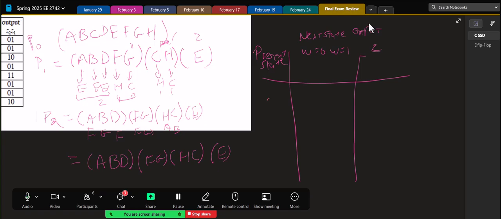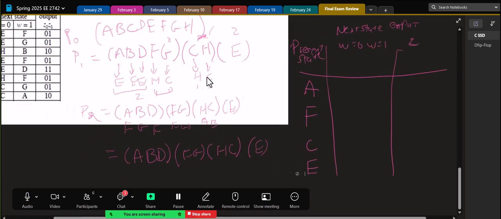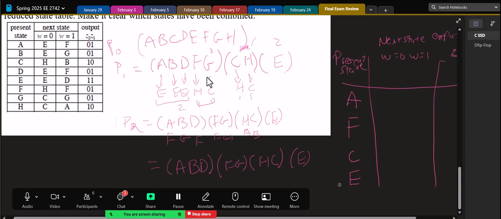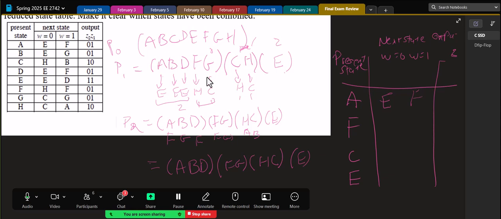And for my states, I just pick one representative. I always pick the lowest one alphabetically, but there's not a rule on that. So then A goes to E, and that is a letter I can use. And when W is 1, it goes to F, and I can use that one. And our output is 0, 1.